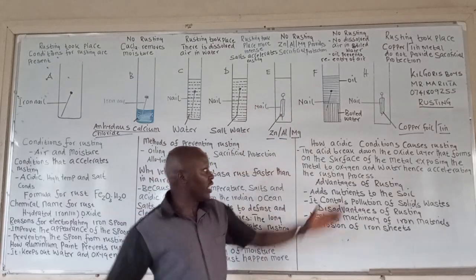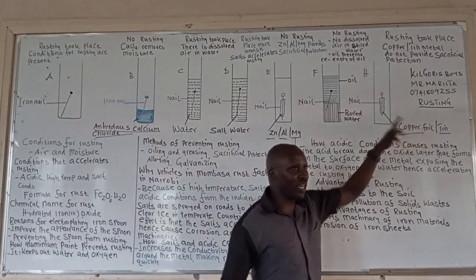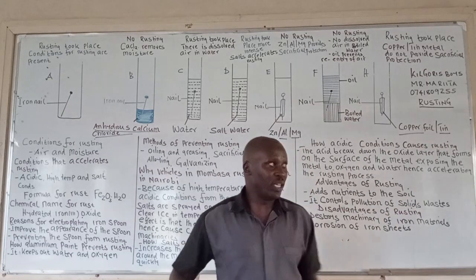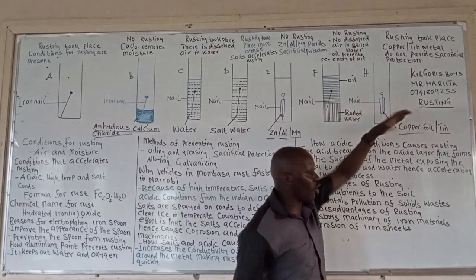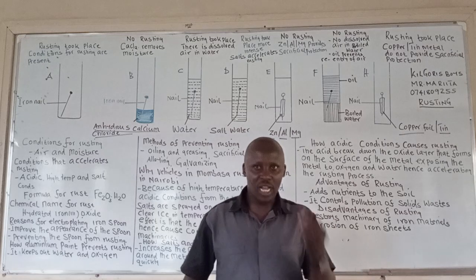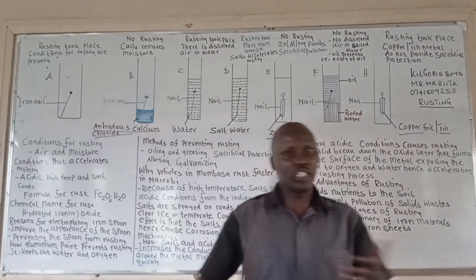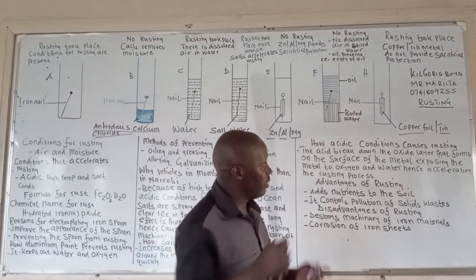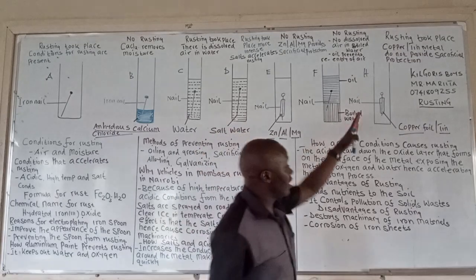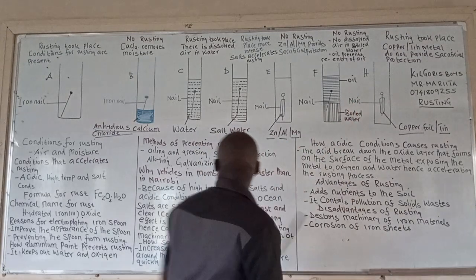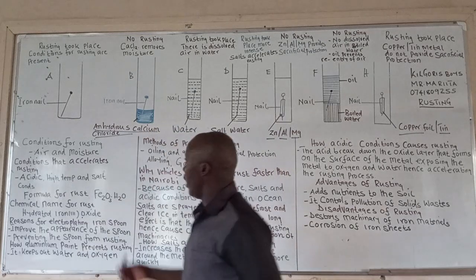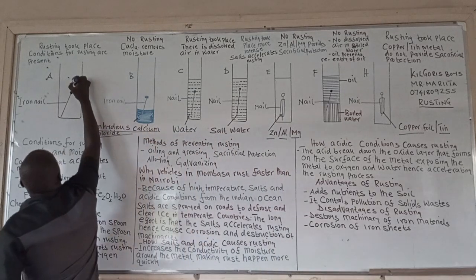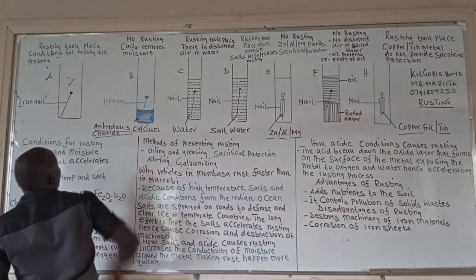In this case, where we have copper and tin, rusting took place. Why? Because copper foil or tin does not prevent iron from rusting. In other words, they do not provide sacrificial protection, and that means rusting will take place. So in test tube A, rusting will take place.